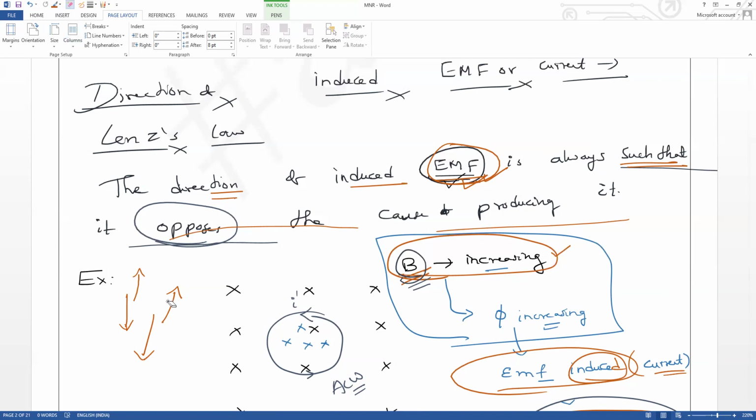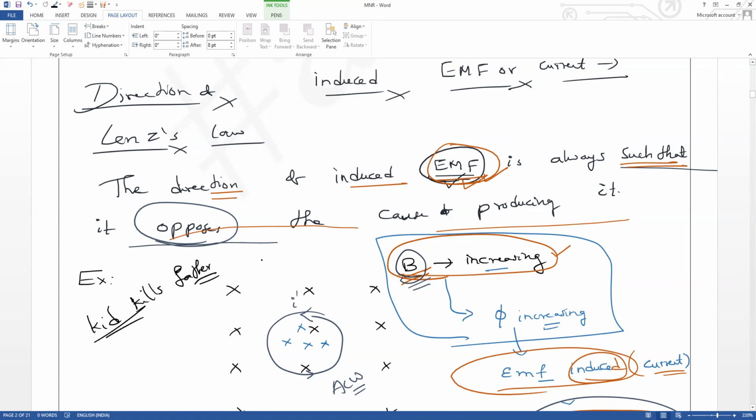Imagine, for example, a statement: a kid kills a father. The kid is the reason behind it, the cause, and the father is opposing him, acting opposite to him. That is what is called Lenz law.